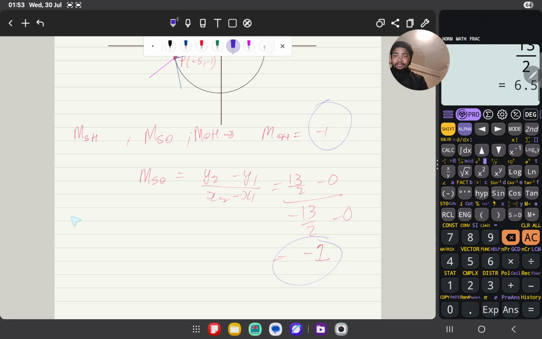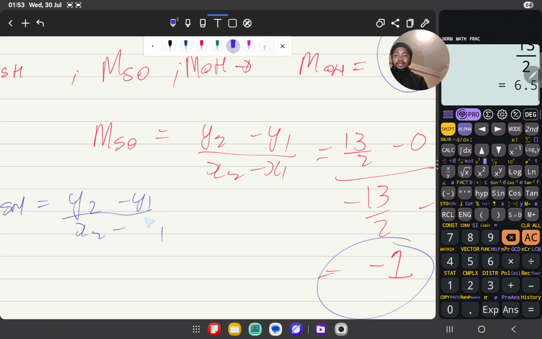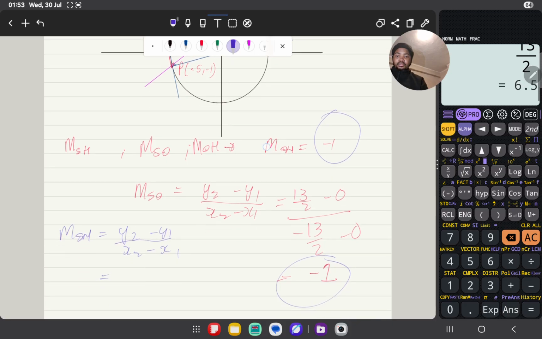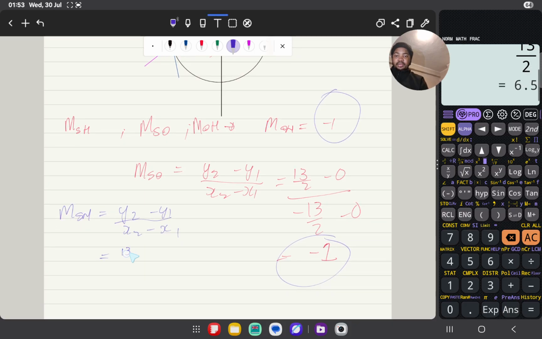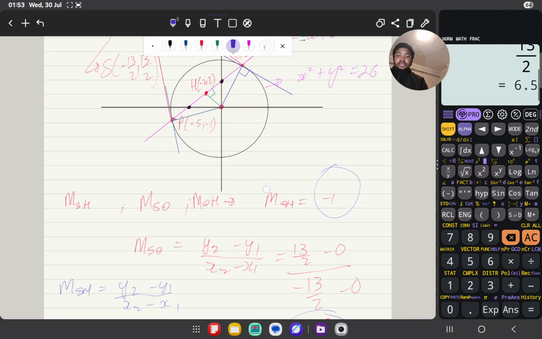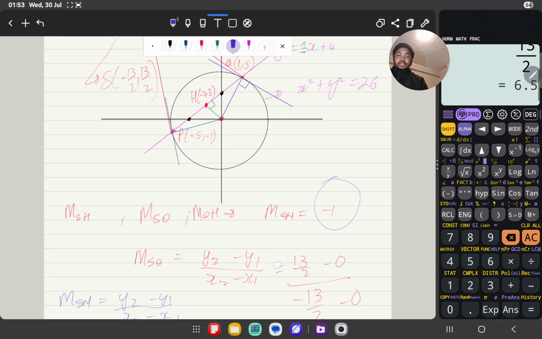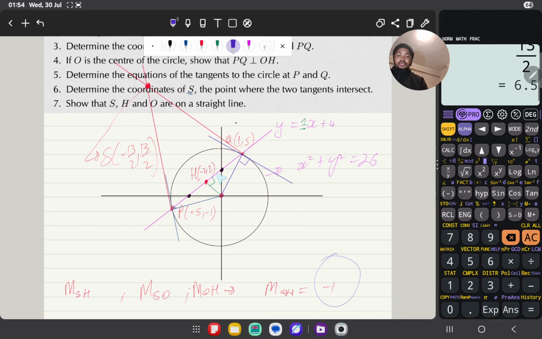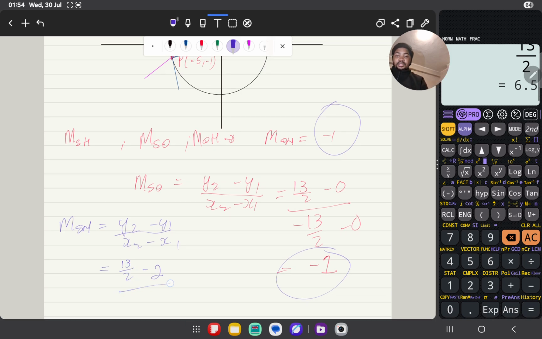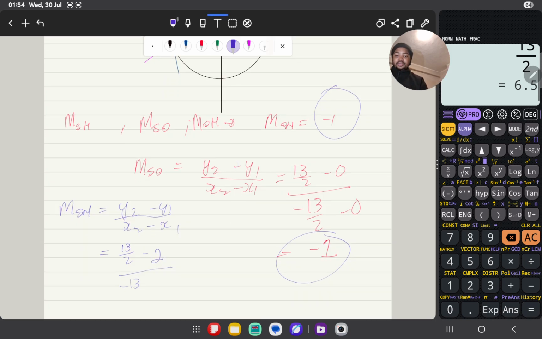Now let's quickly find the gradient of SH. You have y2 minus y1 over x2 minus x1. So we have 13 over 2 minus 2, and then minus 13 over 2 minus 2.